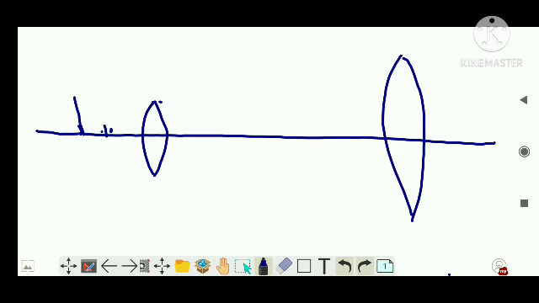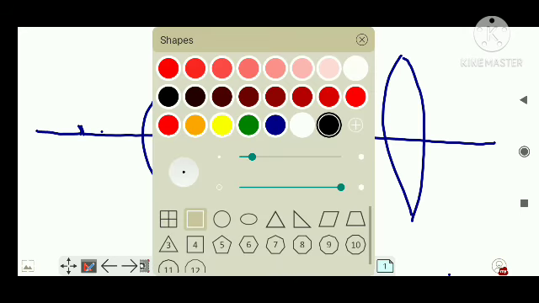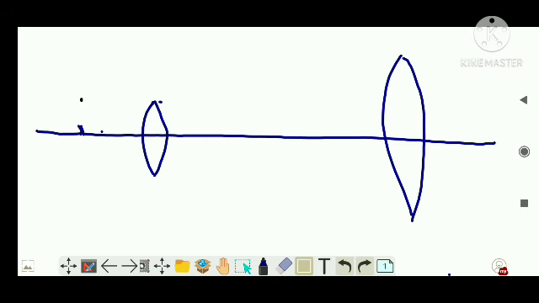Let's change. Then I hope I can get straight lines. Right? This is your A. This is your B. Oh, the lens is very small.